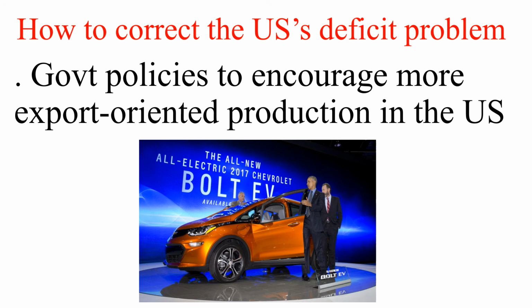And these types of government policies to encourage more export-oriented production are also beneficial. And not surprisingly, Chevrolet's biggest market today has been China, not the U.S. economy. China, with 1.3 billion people, with a very rapidly rising income level, and a culture that gives car ownership a higher status, is a very beneficial thing for U.S. exports.